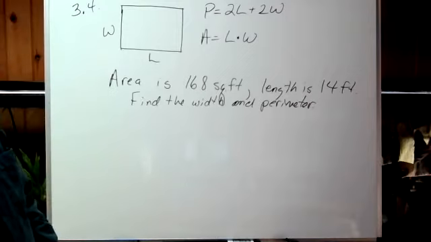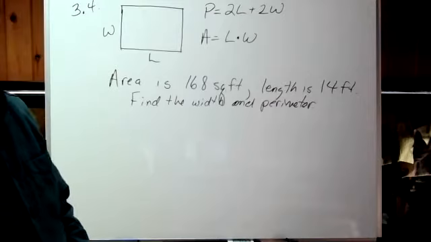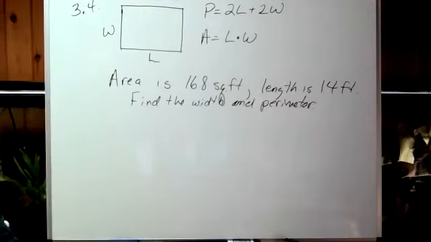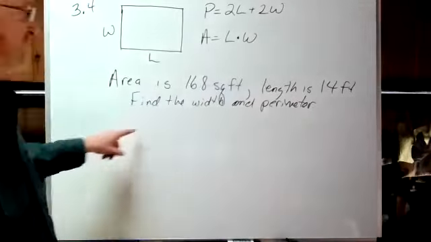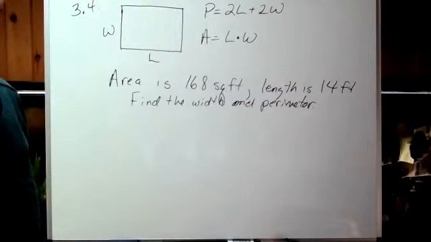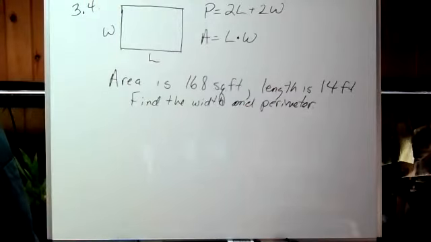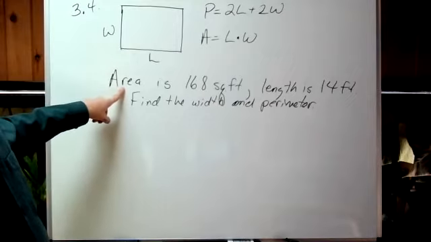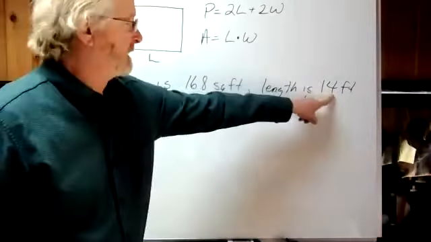This is similar to what I did a couple days ago where I related it to our solve a formula for a certain variable. Well, you don't have to rearrange the formula really. But if I start out with this information, which formula am I going to start with? The area. I know the area formula and I know the length.